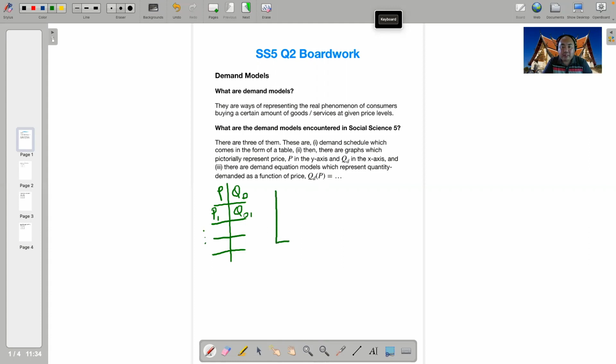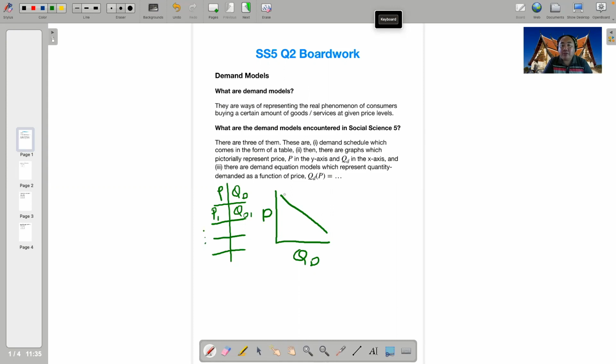So typically you will have price on the y-axis and quantity demanded on the x-axis, and you will see the demand curve as a line that is slanting to the right, or negatively sloped. Why? Because we know that as price decreases, the quantity demanded increases and vice versa.